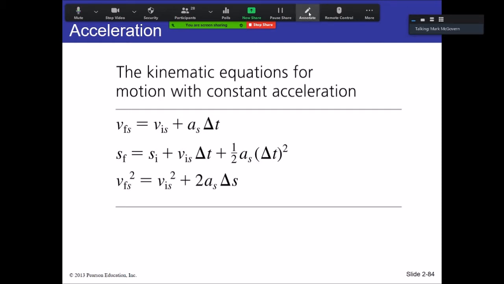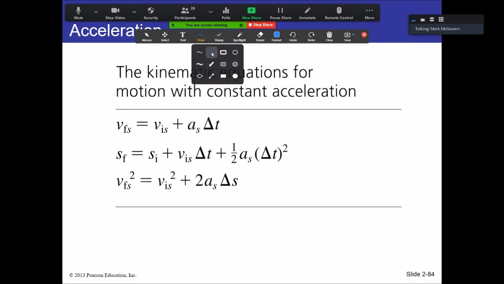Okay. Now, I like to label these things in this manner. The first one is what I call the velocity equation, or I call it equation 1. The second equation is the position equation, or displacement equation. You can say either way, because you can move the s over here to create a delta. But I call this equation 2, or the position displacement equation.